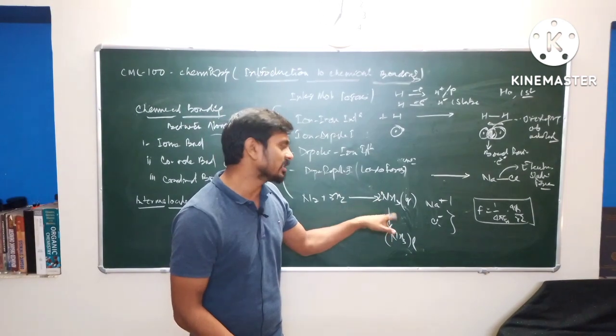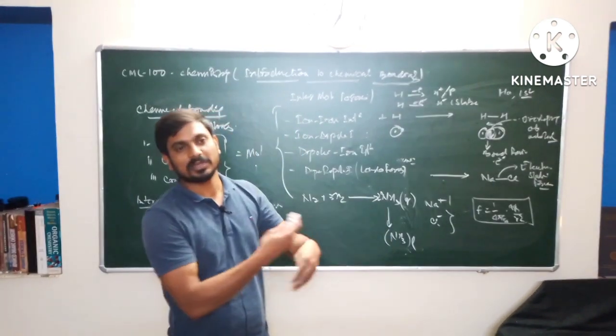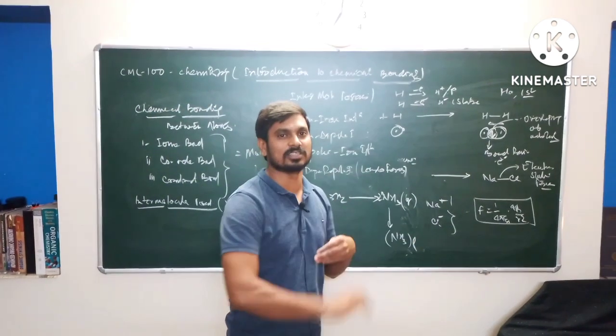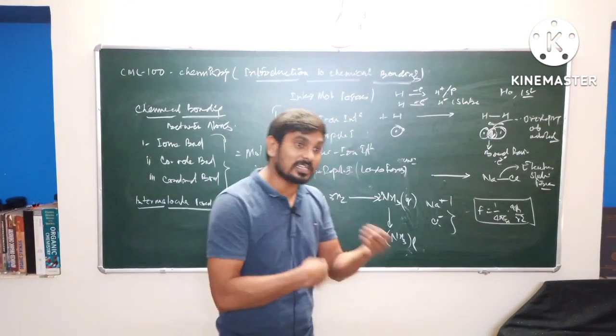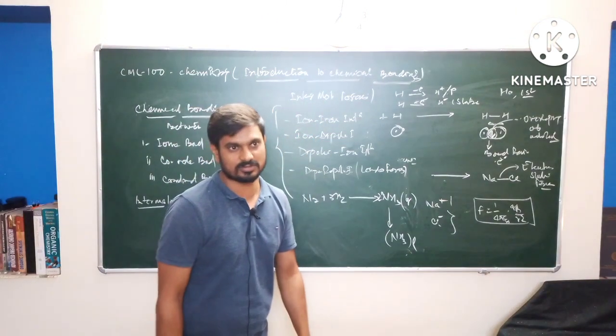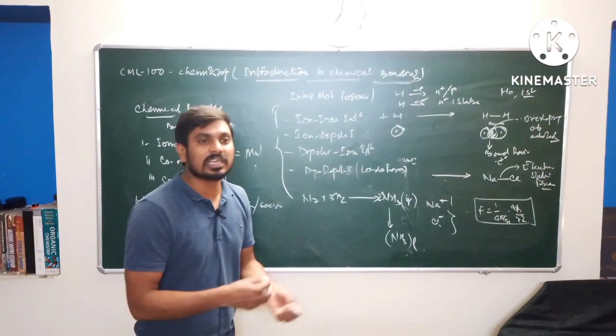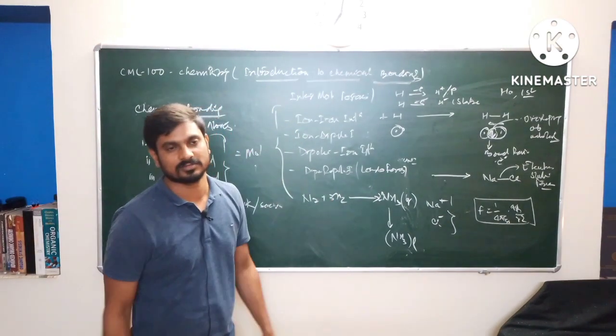And when this NH3 is getting formed, what happens? NH3 begins to interact with the next NH3 that has already been formed. And this interaction is dealt with by what? Intermolecular forces. The magnitude of the intermolecular force gives the state of matter.